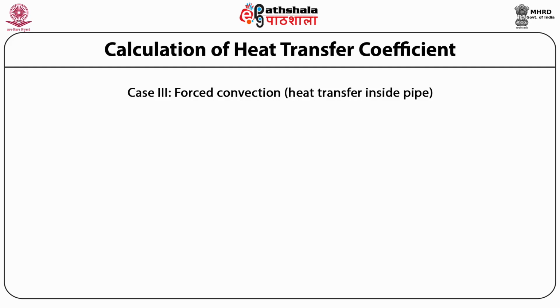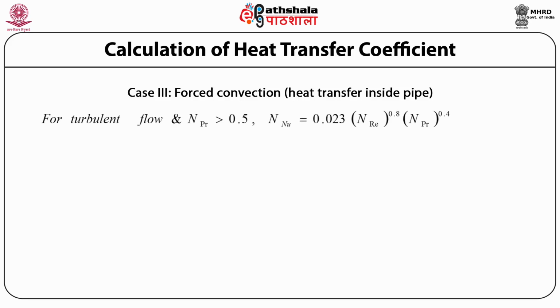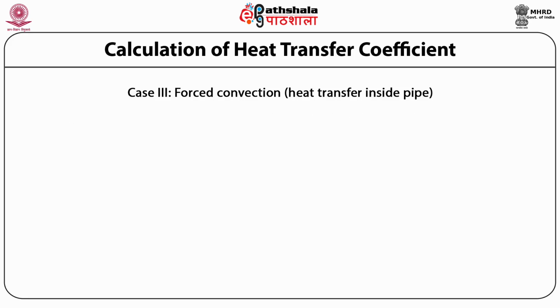In this case, if the fluid is turbulent and the Prandtl number is greater than 0.05, the empirical equation for Nusselt number will be equal to 0.023 into Reynolds number to the power 0.8 into Prandtl number to the power 0.4.